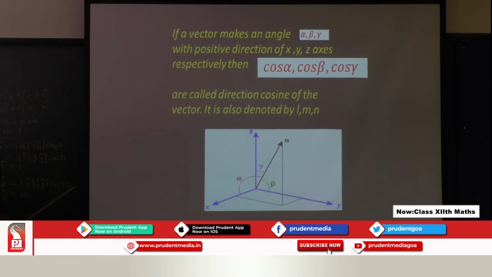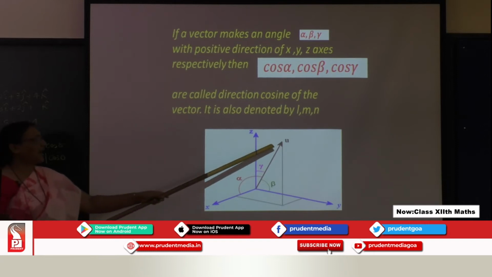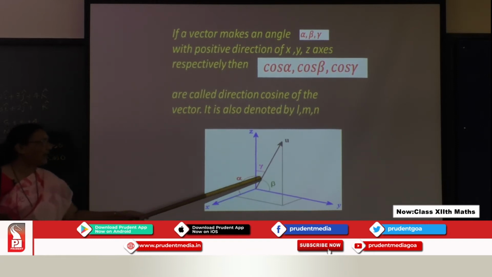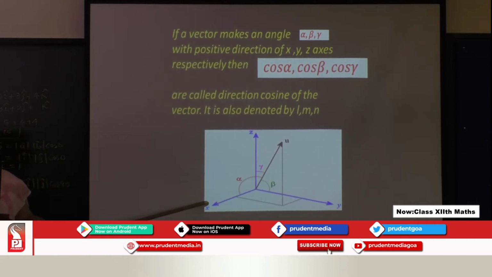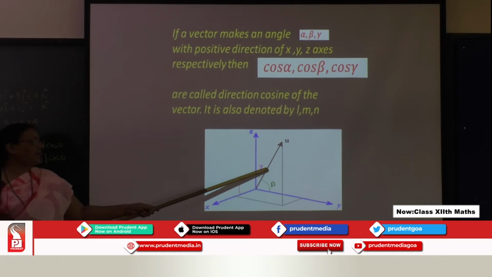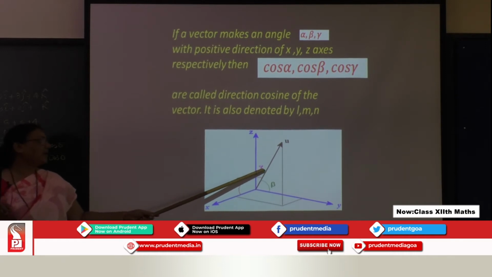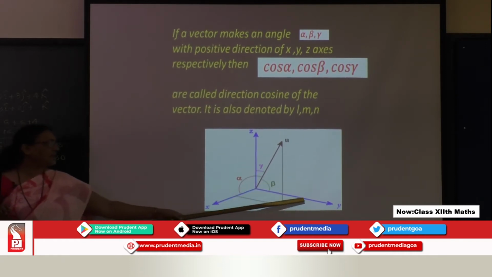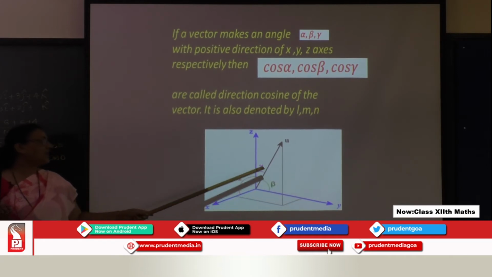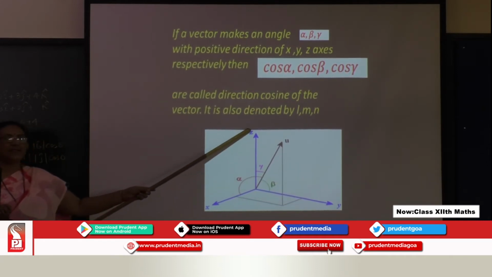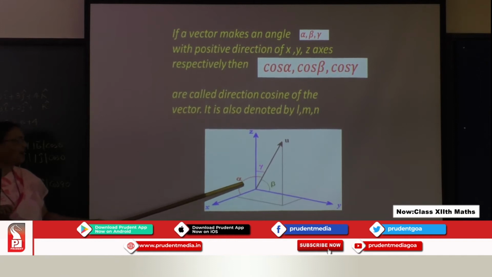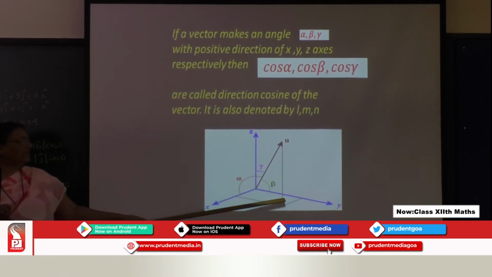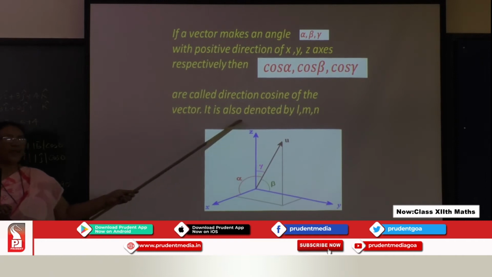See what is direction cosine. If a line, this black line, makes an angle alpha with the x-axis, an angle beta with the y-axis, and gamma with the z-axis, a line or a vector makes an angle alpha with the x-axis, beta with the y-axis and gamma with the z-axis.